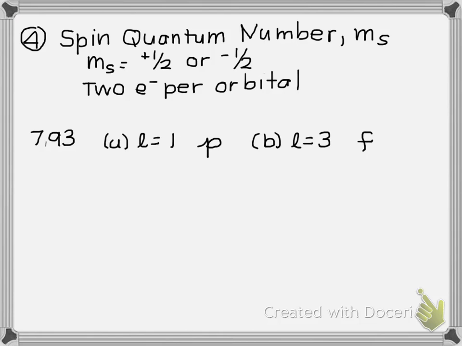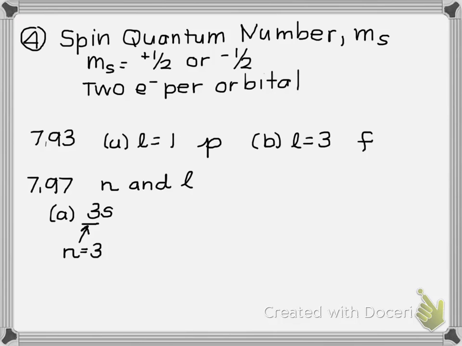Now let's take a look at 7.97. It asks what are the values for N and for L. And the first one it gives us is 3s. N is designated by the number that's in front of the sublevel. So N would equal 3. So a 3s means you're in the principal energy level or the principal shell of N equals 3.